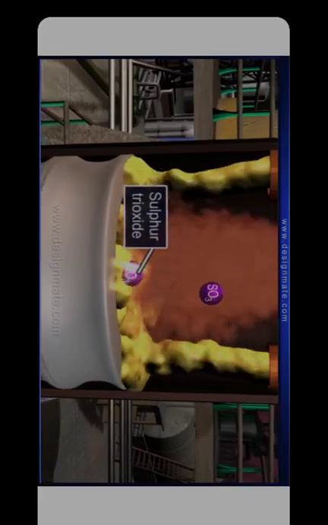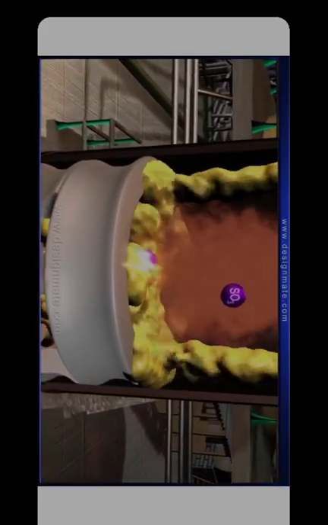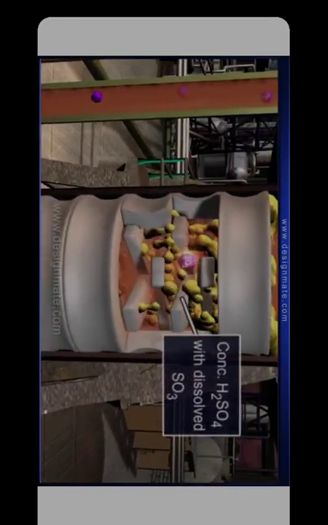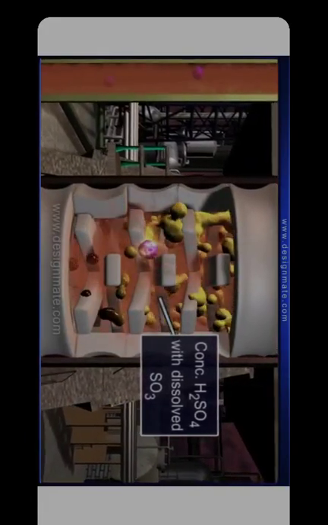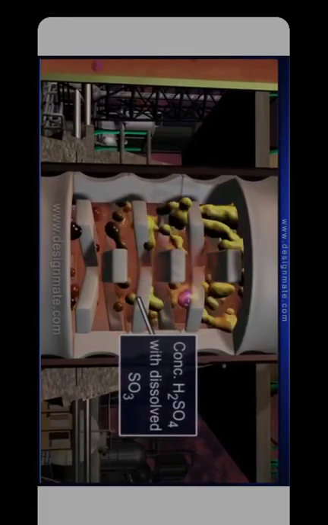Here, sulfur trioxide gas gets dissolved in 98% concentrated sulfuric acid. The ceramic rings increase the contact time between the sulfur trioxide gas and the sulfuric acid. This ensures complete absorption of sulfur trioxide in the acid.